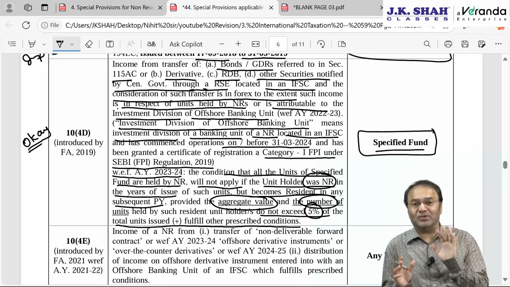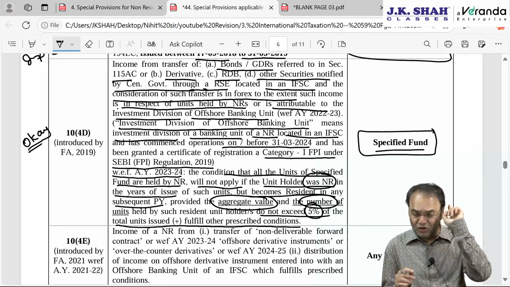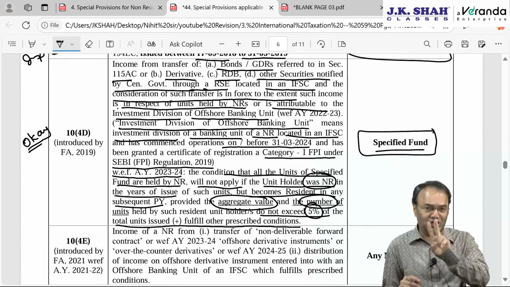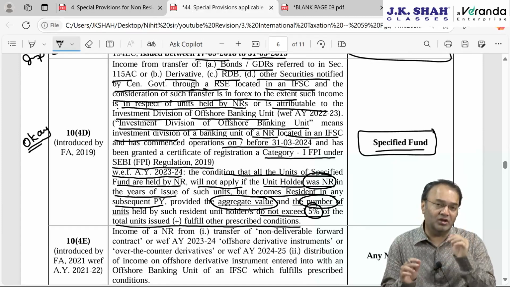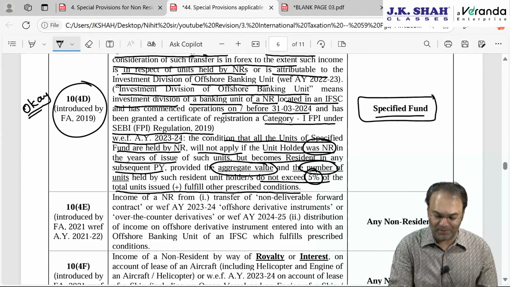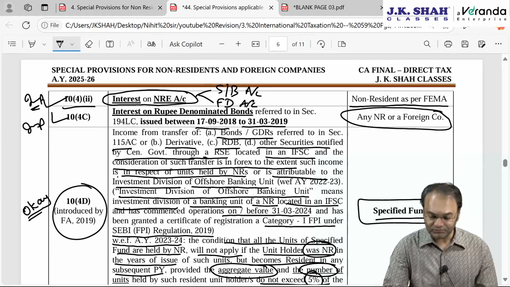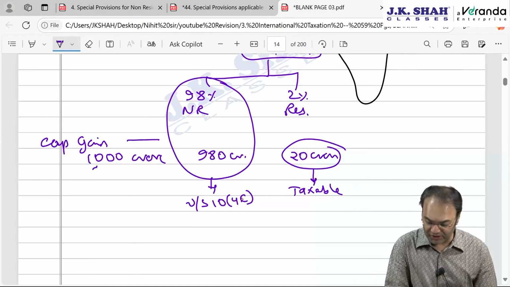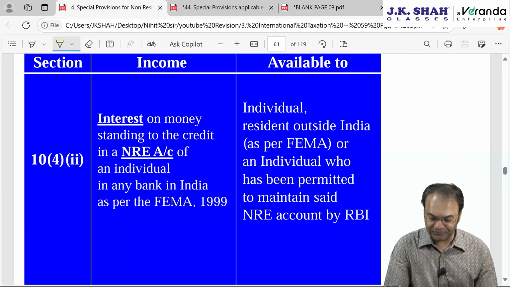To the tune of 5%, if unit holders were non-resident at the beginning but became resident at a later stage, then no problem. This condition will not be deemed to be violated. Exemption under 10(4)(d) will continue to be applicable. 10(4)(d) rather, not 10(4)(c), 10(4)(d).